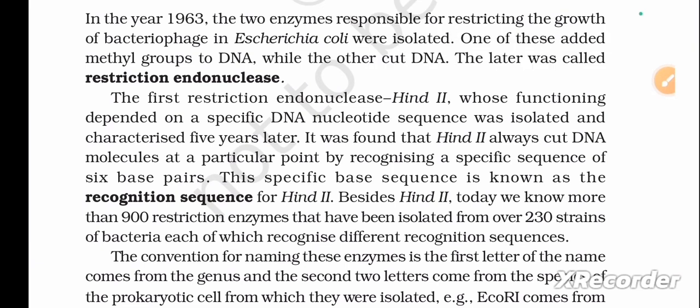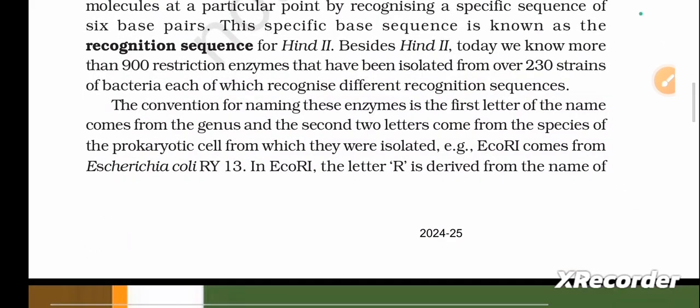Besides Hind II, today we know more than 900 restriction enzymes that have been isolated from over 230 strains of bacteria, each of which recognizes different recognition sequences. The convention for naming these enzymes is that the first letter of the name comes from the genus and the second two letters come from the species of the prokaryotic cell from which they were isolated.